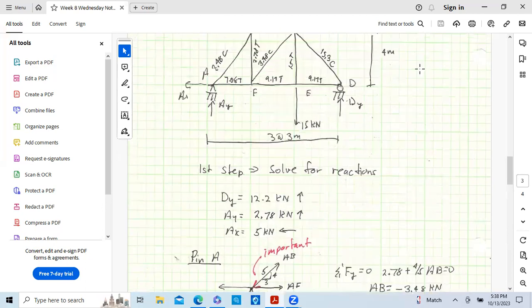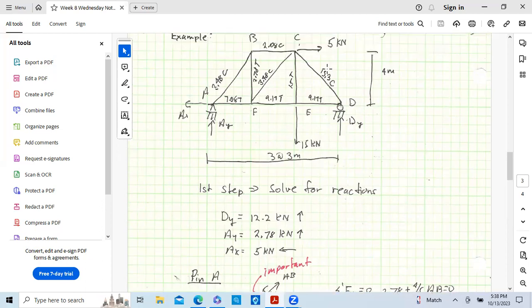So what we're left with is this last member here, CD. I'm going to go to C. And you might ask, well, why don't you go to D? You've got 2 forces. You can do that.